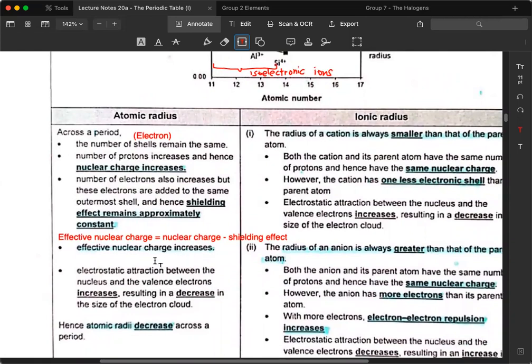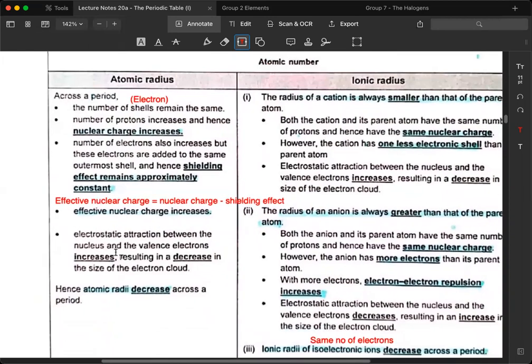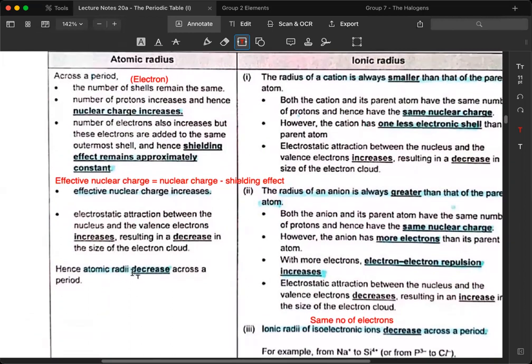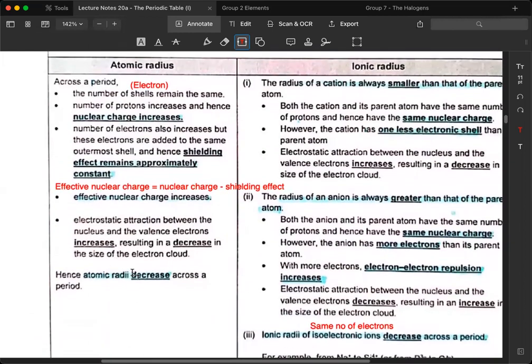So with increased nuclear charge and almost constant shielding effect, effective nuclear charge increases, which explains why the electrostatic attraction between the nucleus and the valence electrons increases and decreases the size of the electron cloud, where the valence electrons are brought closer to the nucleus. That results in a decrease of atomic radii across the period.